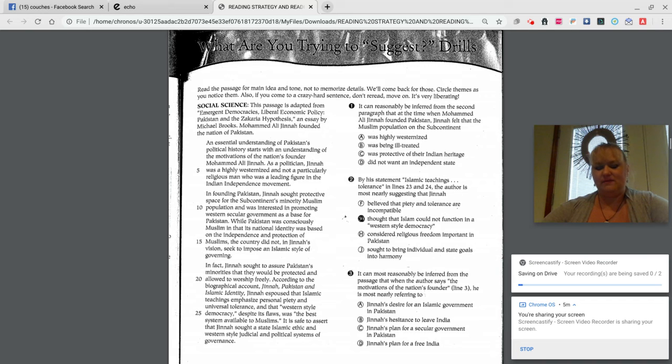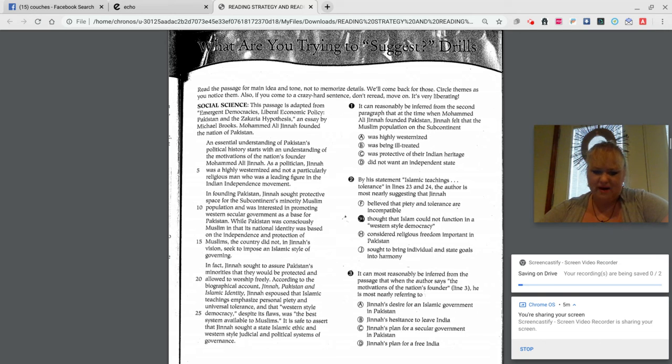It isn't A because the paragraph doesn't talk about them being highly westernized. B talks about, if he thought that they needed a protective space, then maybe he thought that they were being ill treated. C, there was nothing about their heritage, and D, it didn't mention anything about wanting an independent state. So you have to infer, and you have to say, well, if he needed them to be protected, then maybe he thought that they weren't being treated right. So the answer there is B.